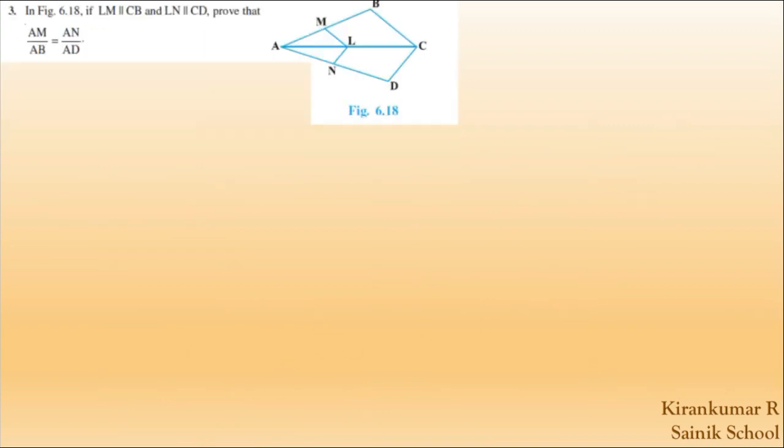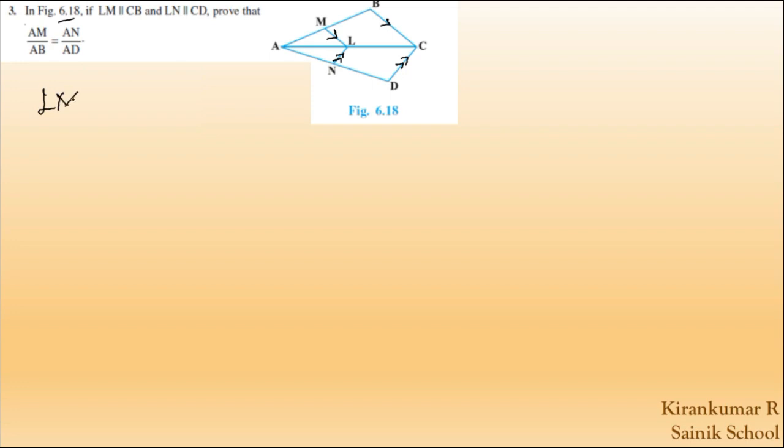Question number 3. In figure 6.18, if LM is parallel to CB, LN is parallel to CD, prove that AM by AB equal to AN by AD.